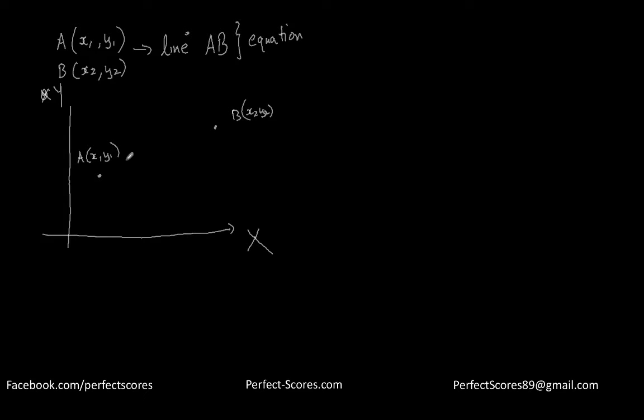What I want to do is define this line right here, which is AB. Now I'm going to define a point R here somewhere such that lambda times AB is equal to AR.